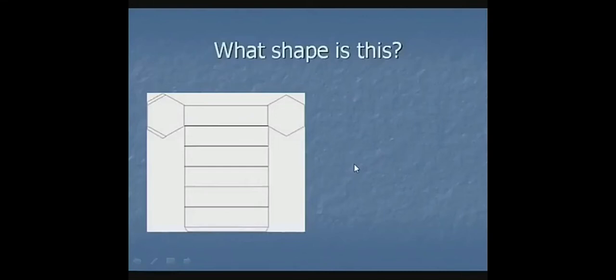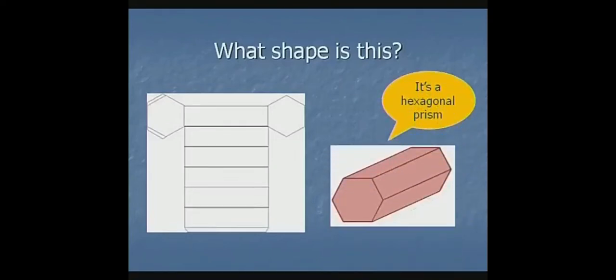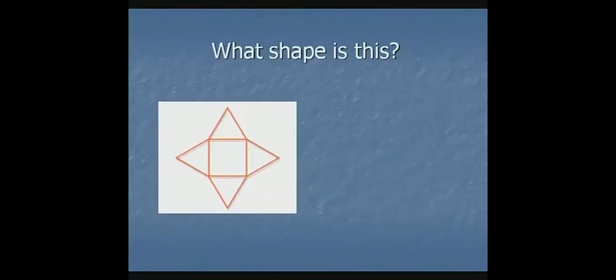Of course, it is a part of a 3-dimensional shape, and now what shape is this? Can you identify this? Okay. It is a hexagonal prism, correct? Okay. Now, we will go for the next one. What shape is this?